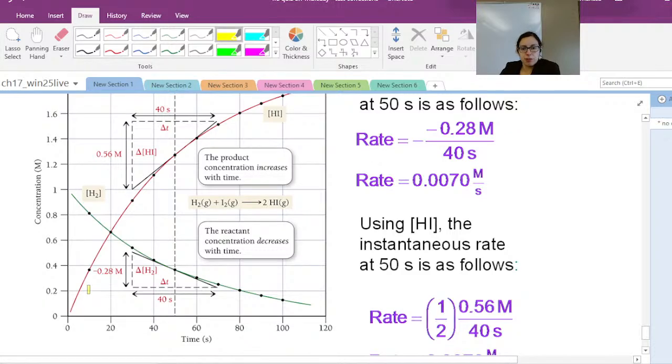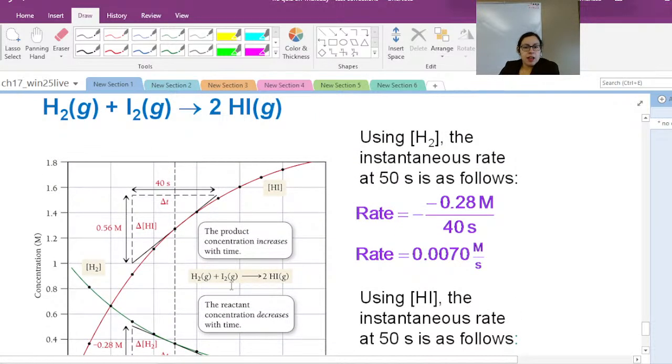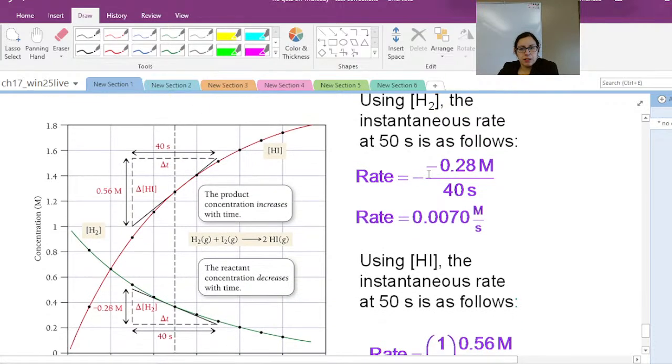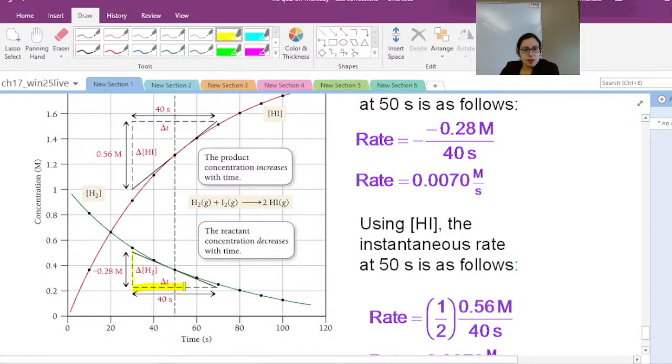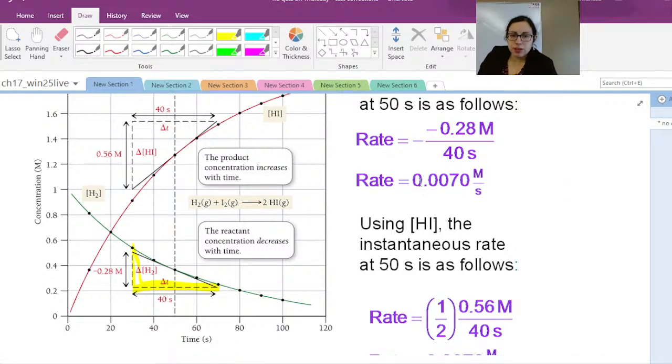They're showing us 2 points, and let's look at H2 first. We're calculating our instantaneous rate, what was shown above: change in y over change in x. So we have our rate here, and we can plug it into the calculator just so we get the same number.